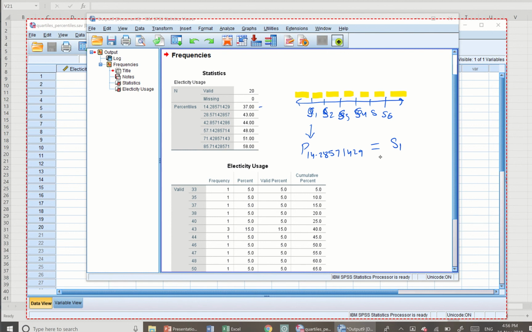So this is the first septile, this is the second septile, third, fourth, fifth, and sixth septile.